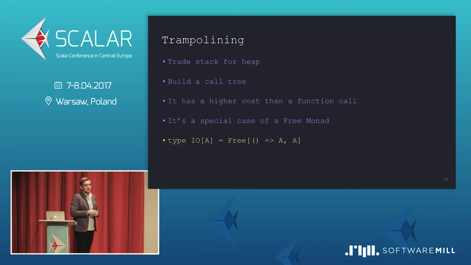Of course, everything has a cost, so this is not for free, because calling functions directly is of course cheaper. Many people have already spoken about free monads, so if you know what it is, trampolining is actually a specialized free monad. The IO type can be written as a free monad over Unit to A.